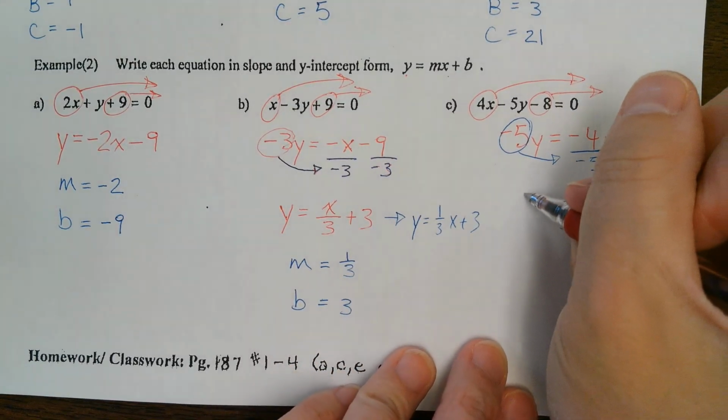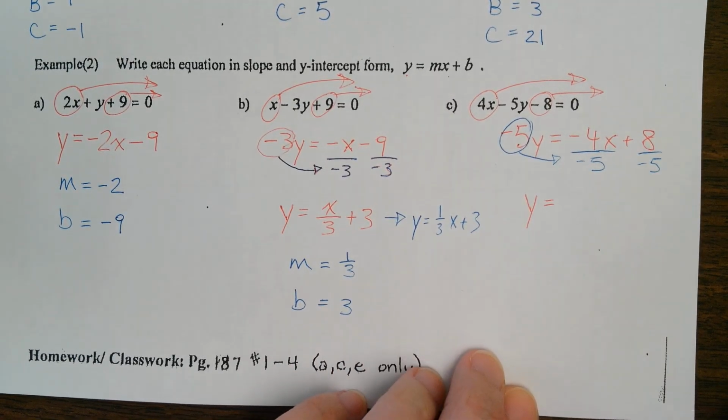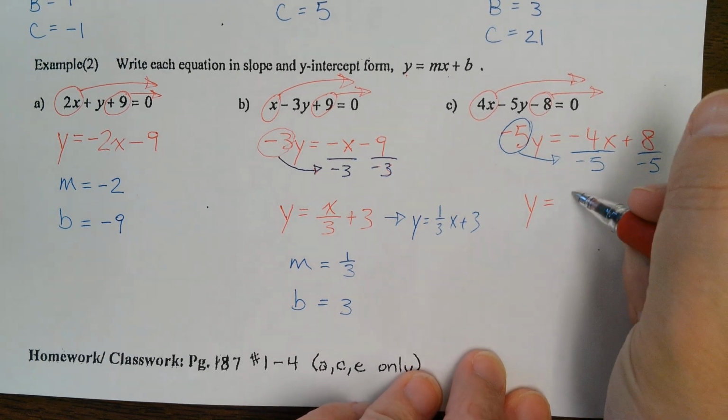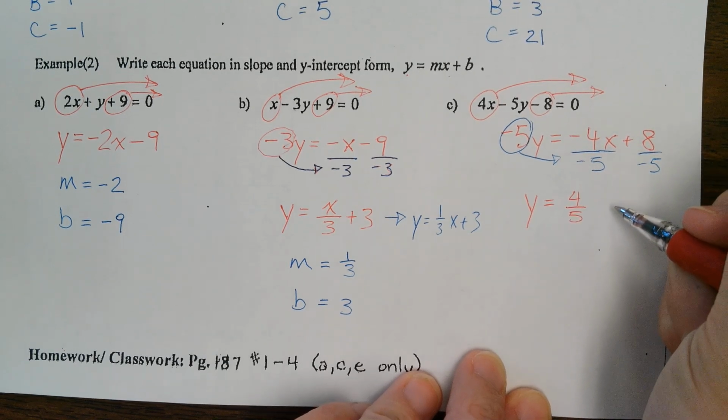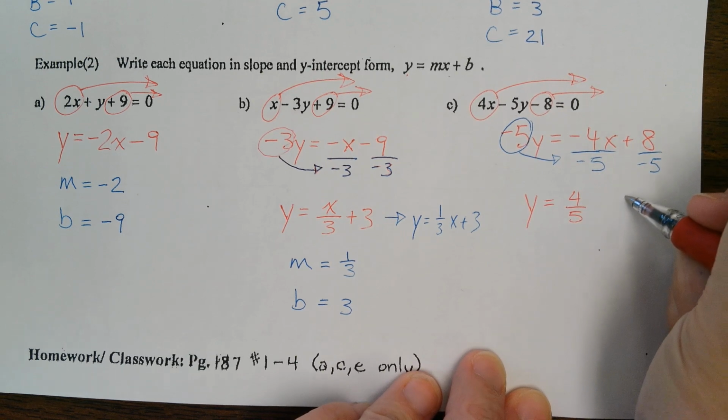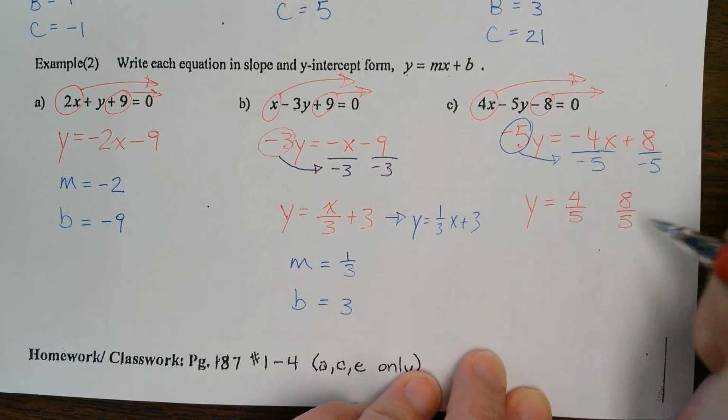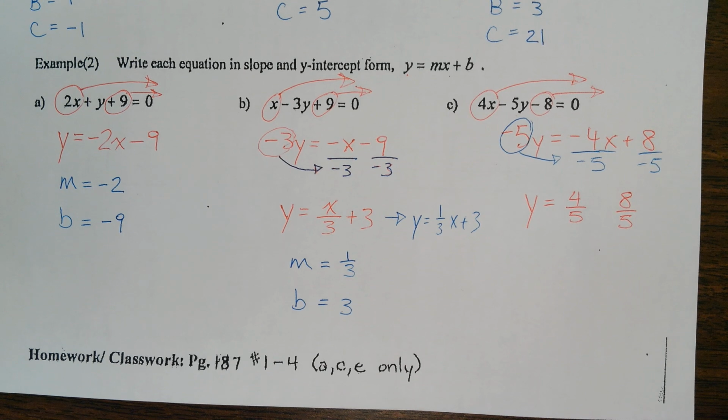Okay. So my final answer, y equal? Positive 4 over 5. Keep going. 8 over 5. Okay. I'm writing down exactly what you're telling me to write down.